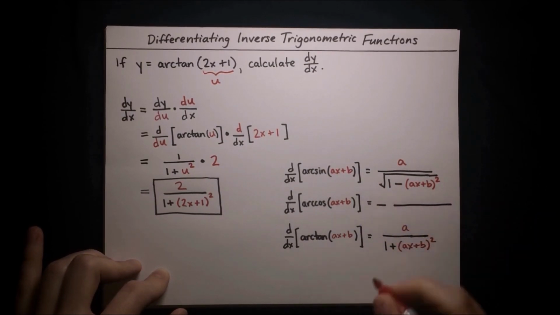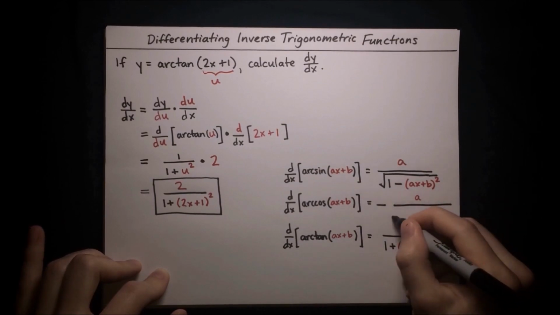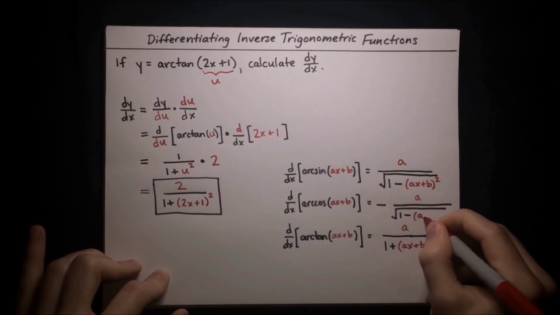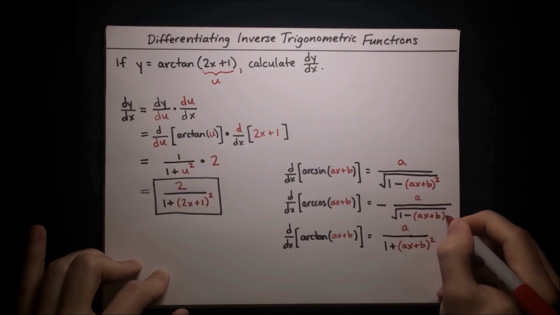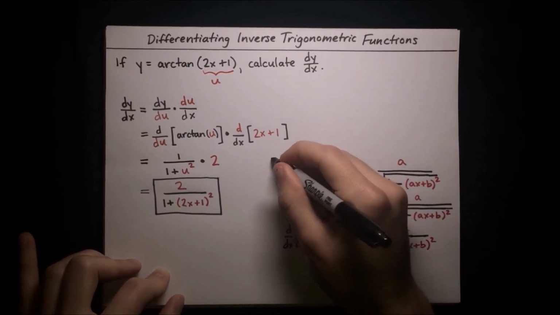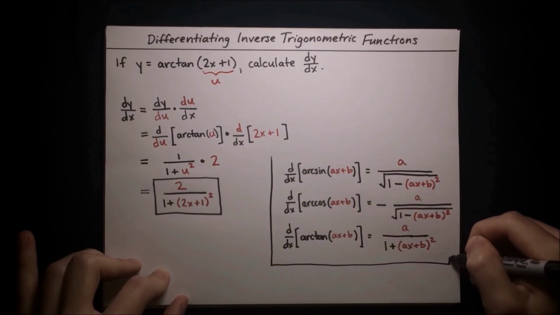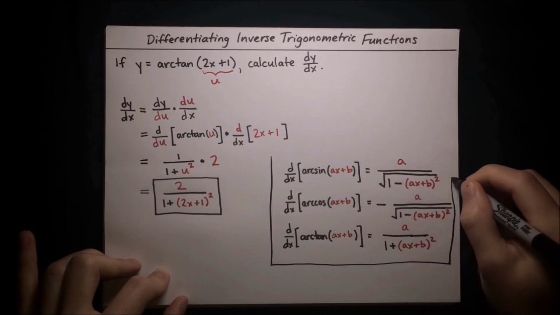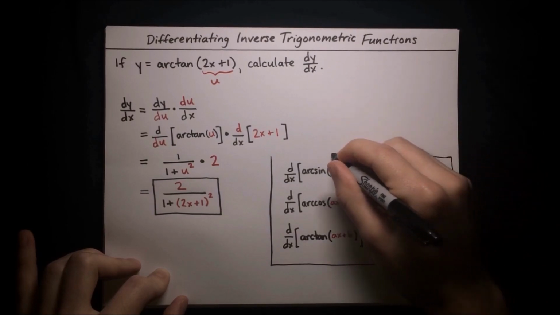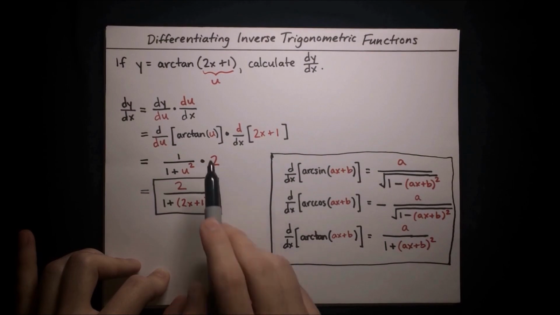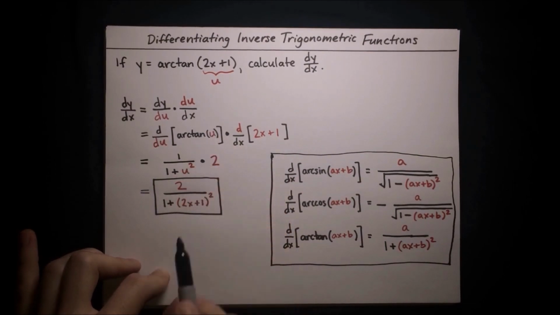So negative of a over square root of 1 minus ax plus b squared. So if you remember these rules, it'll speed up the process of differentiating inverse trig functions with linear arguments. But if you ever forget, just remember that you can obtain the same results without too much work by using u substitution and using the chain rule.